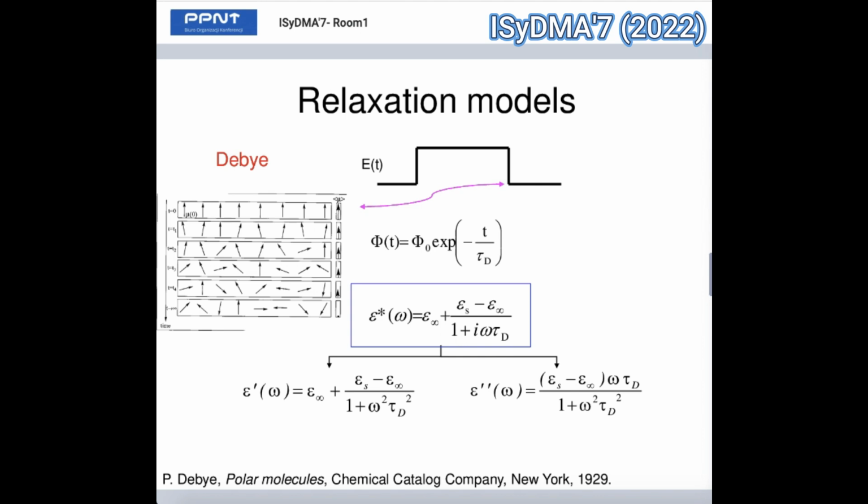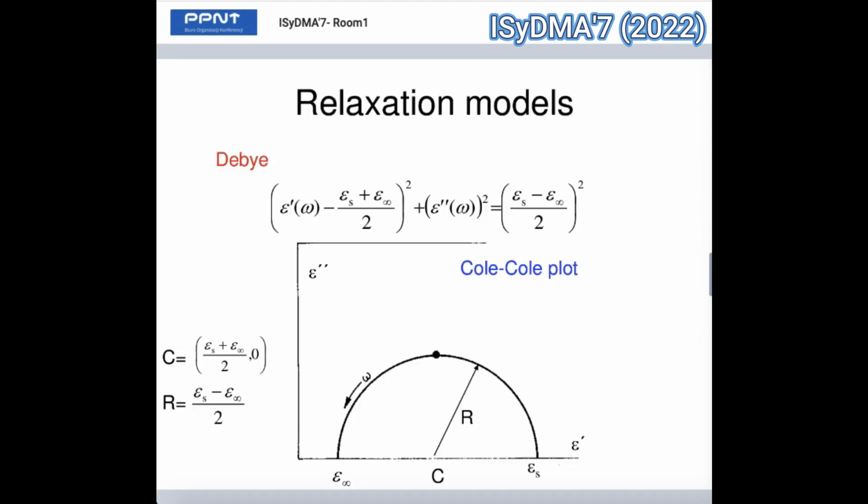Then we can manipulate these two equations, very simple, and we obtain this new equation that is exactly an equation of a circle. So we see epsilon prime minus this quantity squared, plus epsilon double prime minus 0 squared, is equal to the radius squared. So this is exactly the equation of a circle.